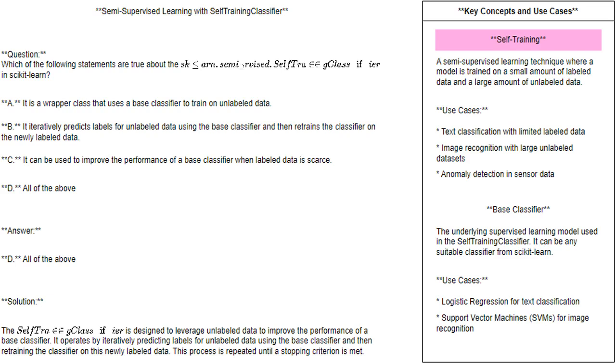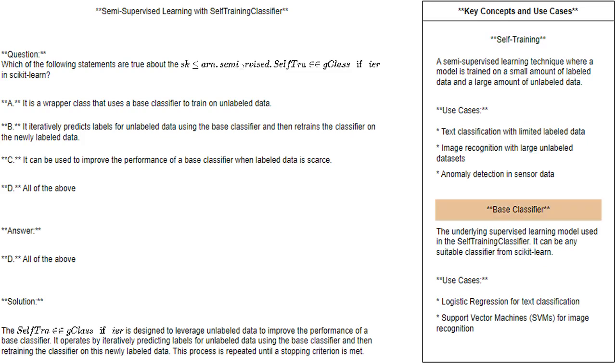Employing SVMs to perform image recognition tasks, leveraging their ability to handle high-dimensional data. Selecting different base classifiers like decision trees, random forests, or naive Bayes depending on the specific requirements of the problem.